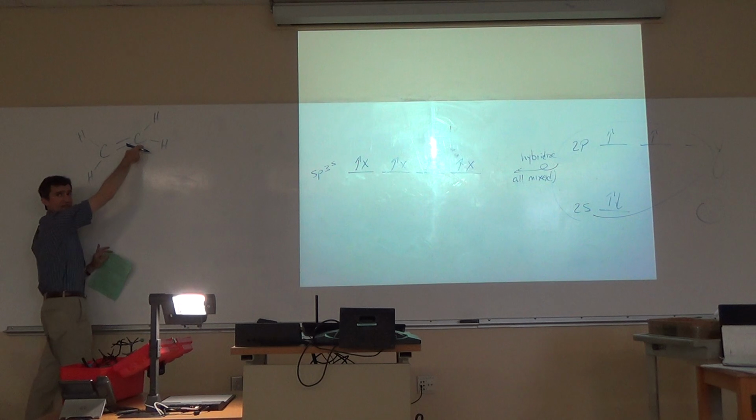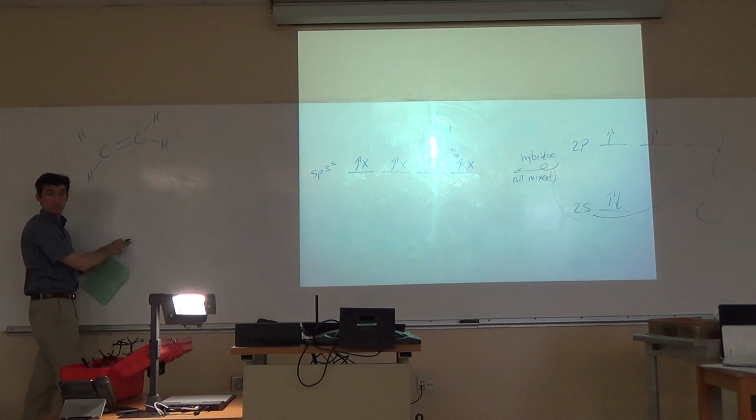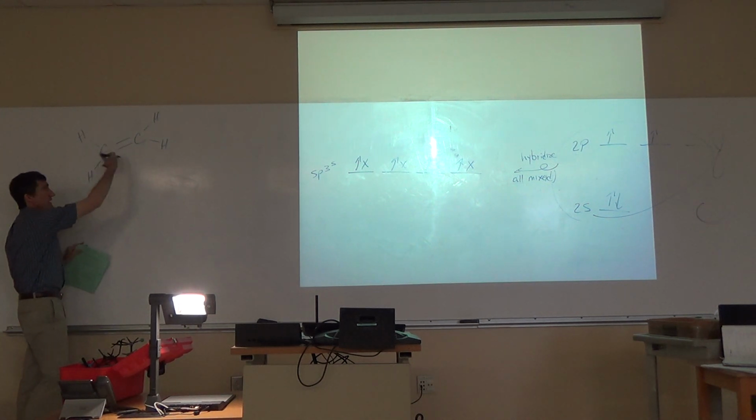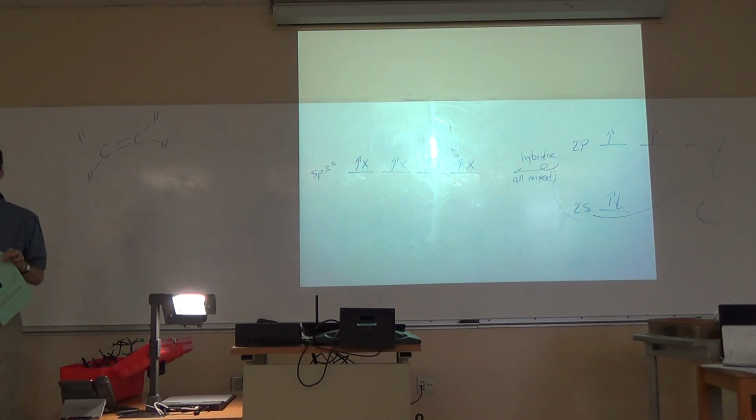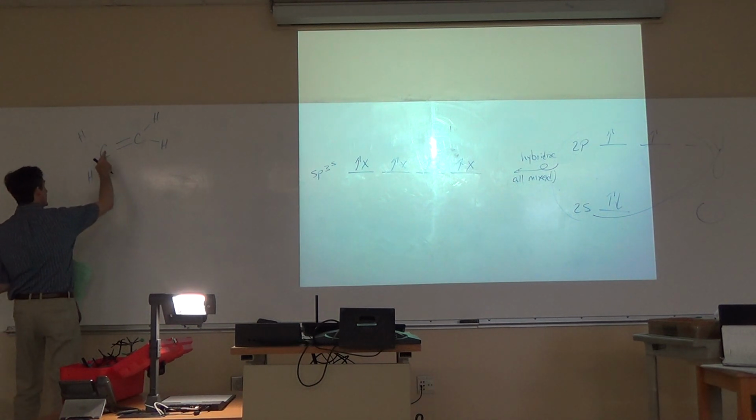The discussion is the exact same for the other one. To have a carbon-carbon double bond, you've got to have two carbons. You can't have just one. All right? Let's focus on this carbon.